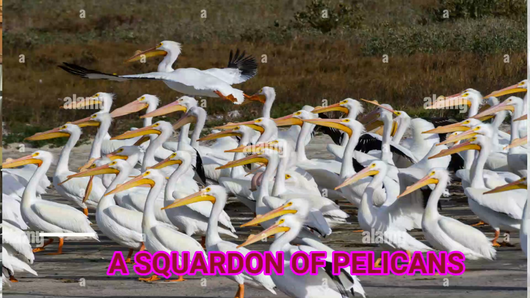For lions, of course, many of you will know, it is called a pride. For pelicans, it is known as a squadron, because they so gracefully march and make a sight for themselves as if they are in an army. Squadron of pelicans. Now, squirrels, because of their nature, are known as a scurry of squirrels. Swans are called a bank of swans. Foxes are called a skulk, or troops of foxes.